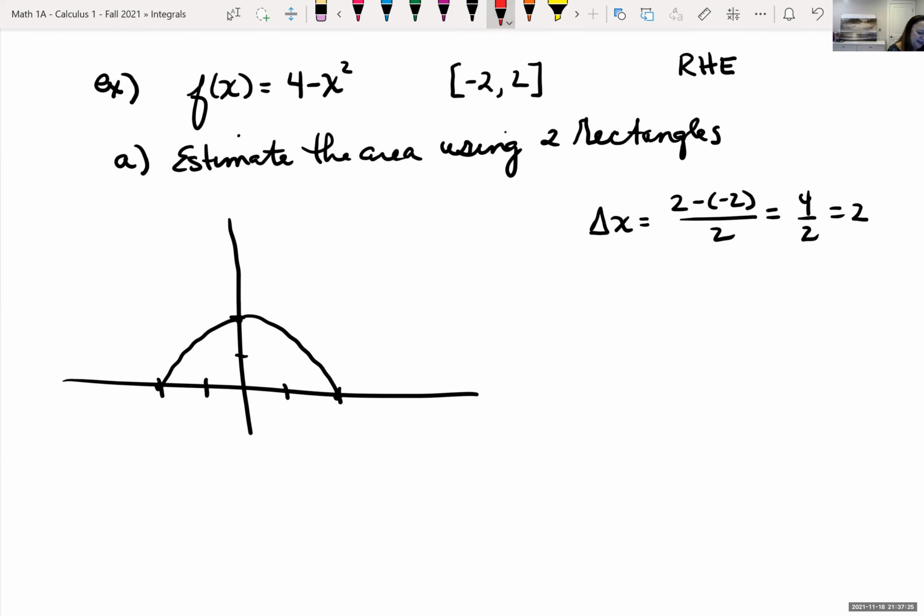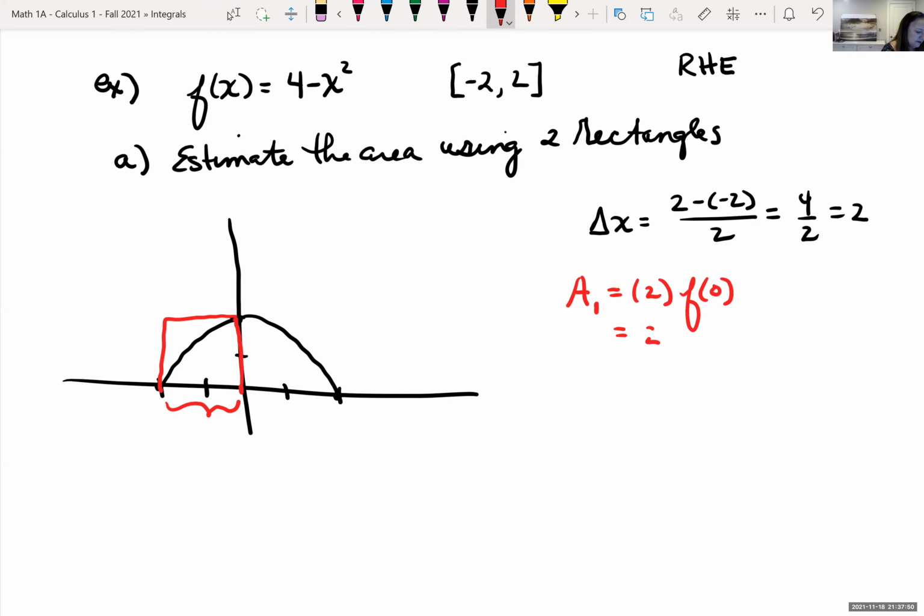If we use the right-hand endpoint, that would mean that we have a height here. So the area of the first rectangle, well, the width is 2, all times the height of f of 0.